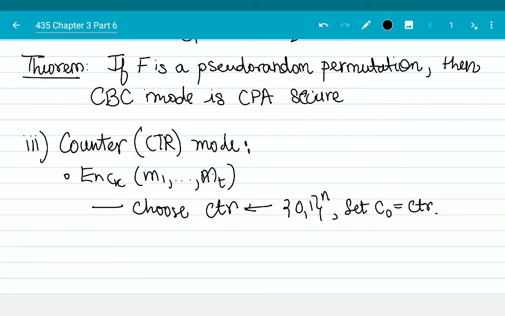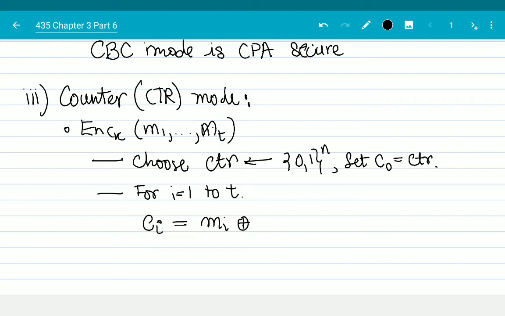Now, for i equal to 1 to T, you set Ci equal to Mi XOR Fk of CTR plus i, where the addition is modulo 2 to the n.